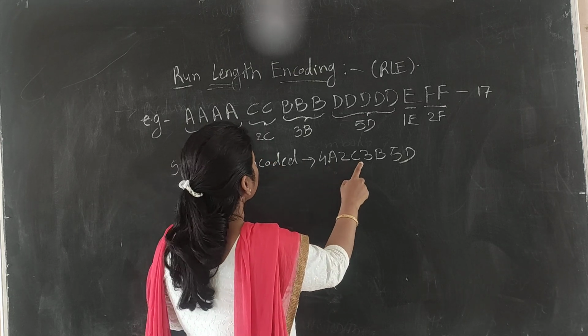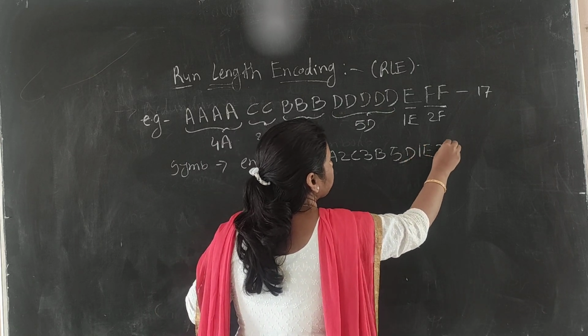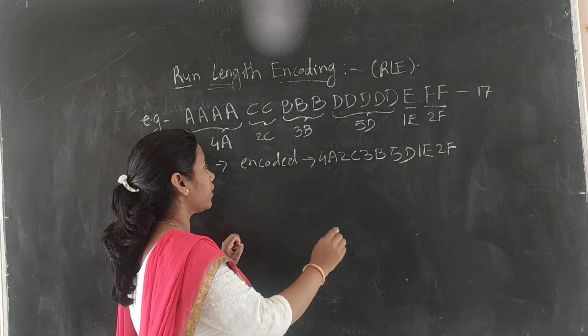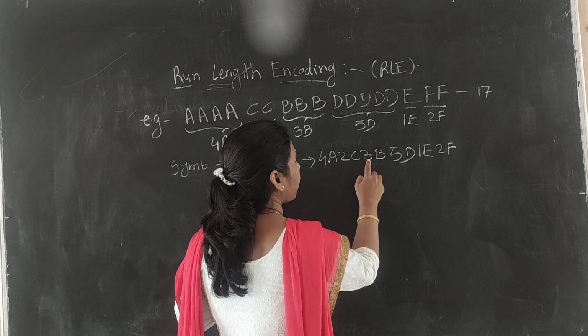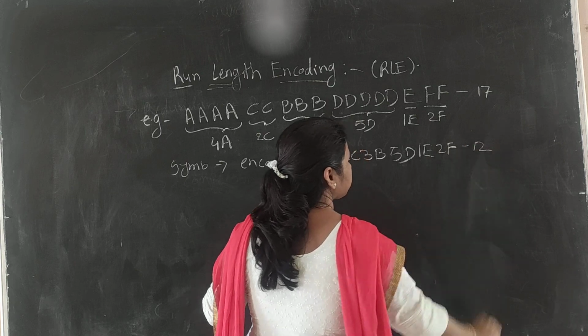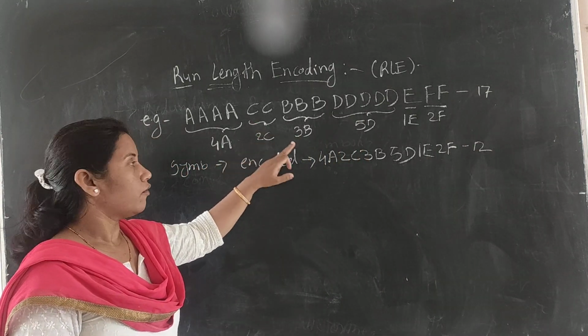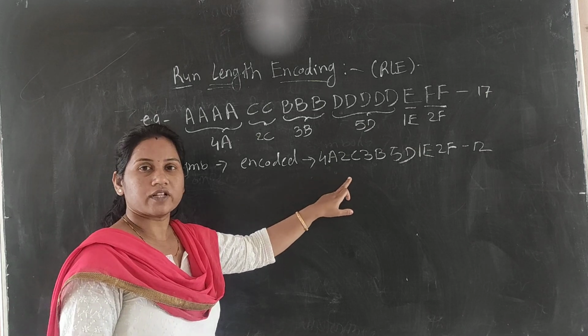The encoded data is 4A, 2C, 3B, 5D, 1E and 2F. How many symbols do we require here? 1, 2, 3, 4, 5, 6, 7, 8, 9, 10, 11, 12. That means for the compression of this original data we require only 12 symbols.